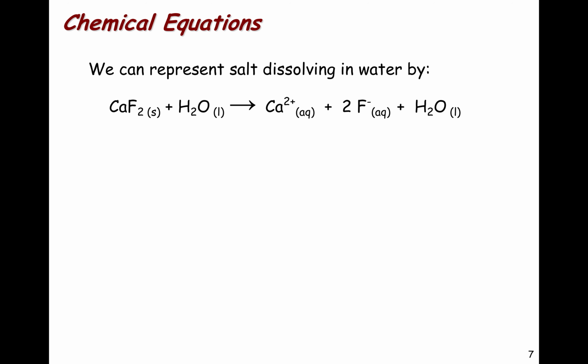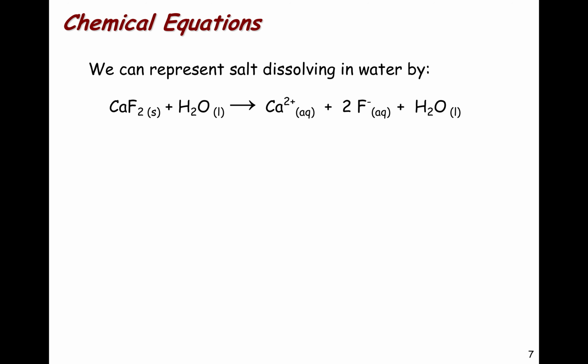In addition to writing chemical reactions, we can also represent certain physical transformations. As an example of that, we see here the interaction of solid calcium fluoride with liquid water to produce a solution. Whenever an ionic compound such as calcium fluoride is dissolved in water, it always breaks apart into its component ions.